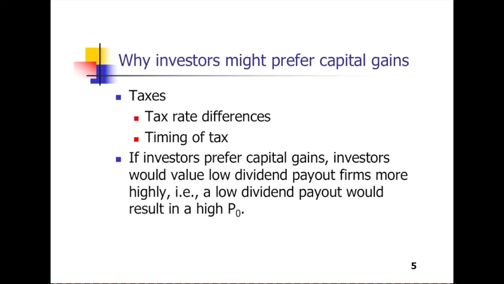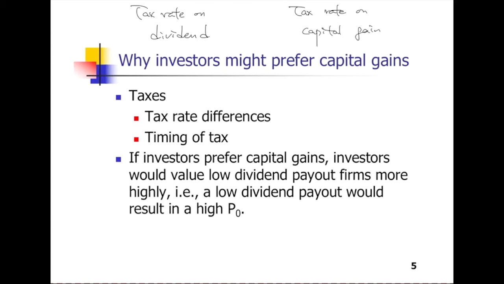There are two reasons: tax rate difference and timing of tax. So when you invest in a stock, there are two types of tax. Tax rate on dividend and tax rate on capital gain.